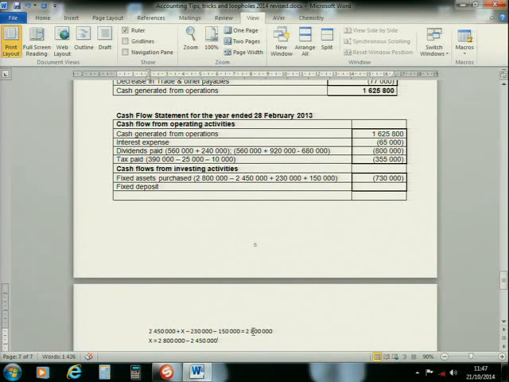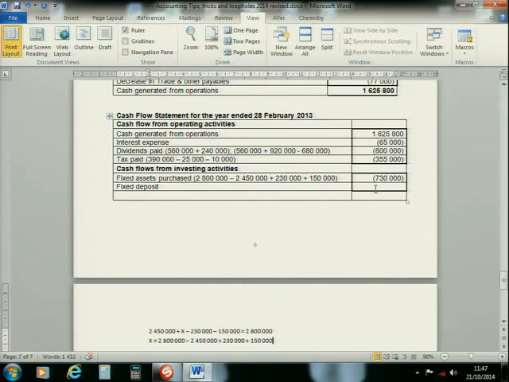The minus 230 becomes a positive, plus 230,000, and the minus 150 becomes a plus 150,000. You can check it. X will be equal to 730. That is basically what we have up here: 2.8 minus that, plus that, plus that will give you 730.